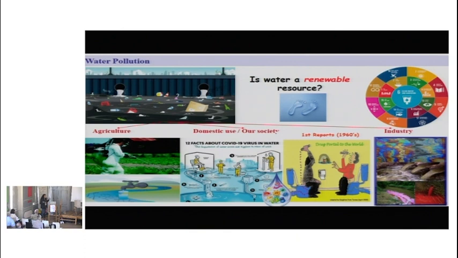When we speak about pollution, we immediately think about big sectors like industry or agriculture. Of course they do pollute, because they use a large share of the water, but we also have to look at domestic uses in our society, and this is where I will focus my presentation.